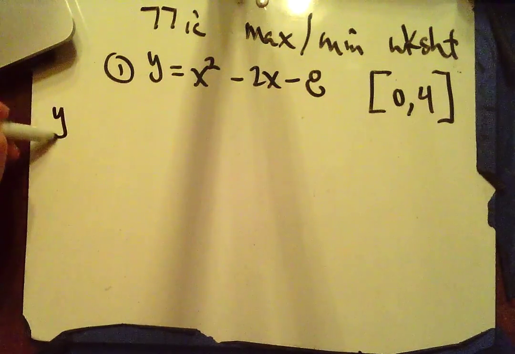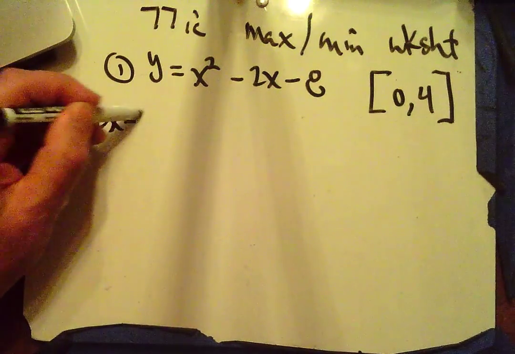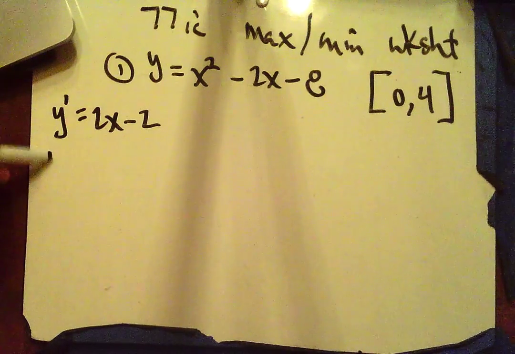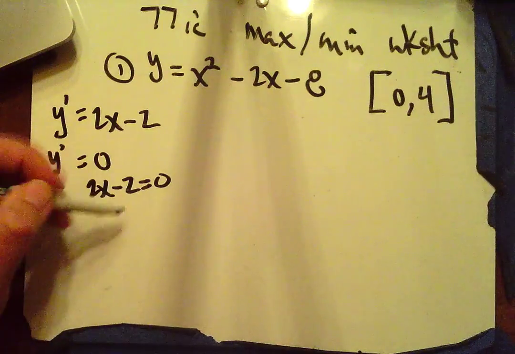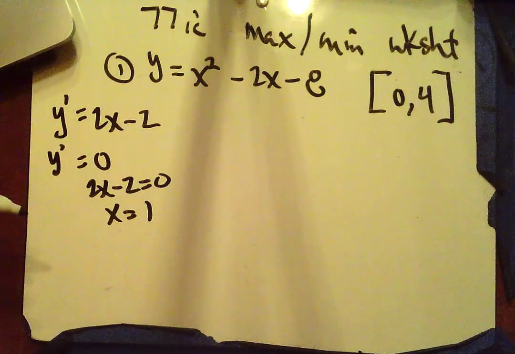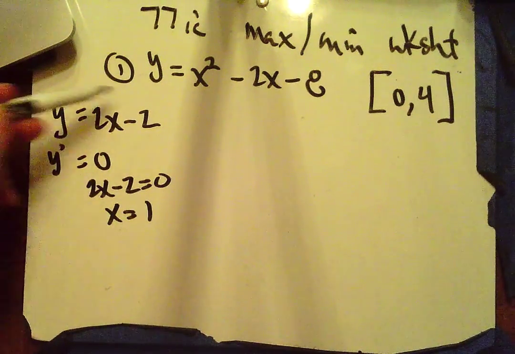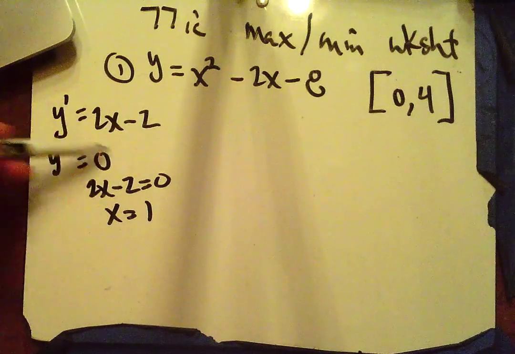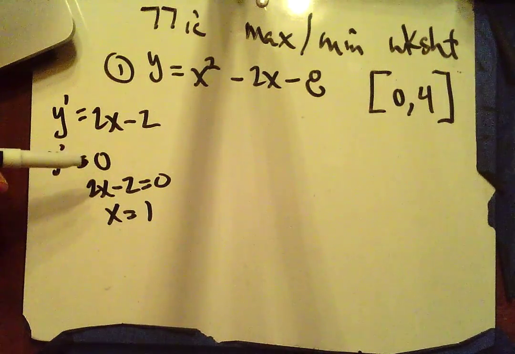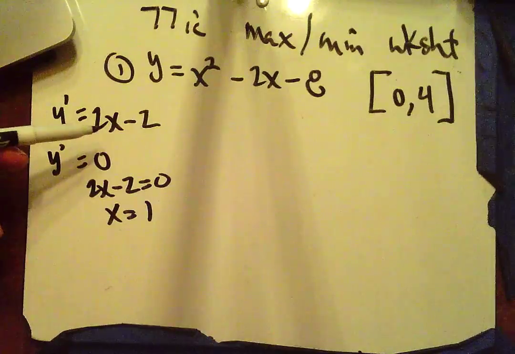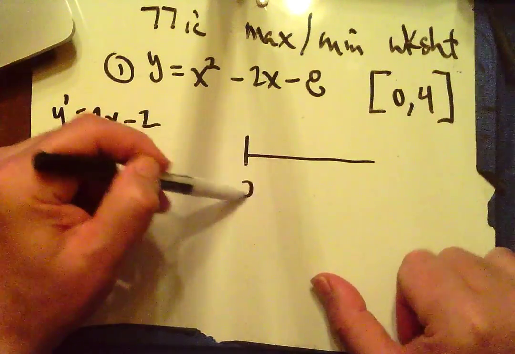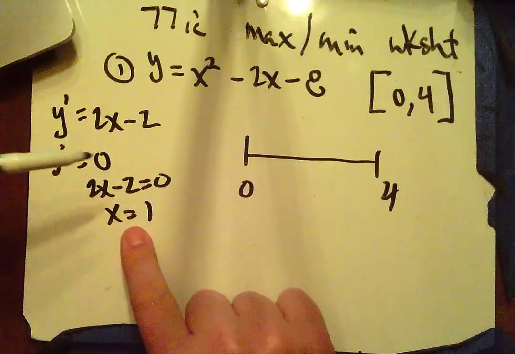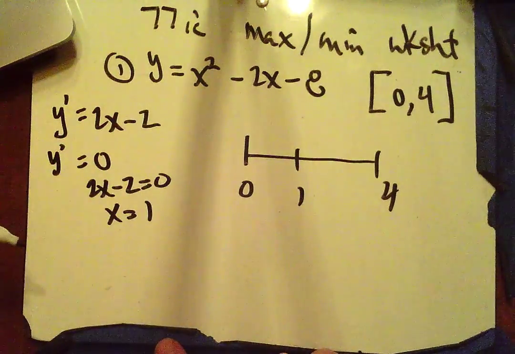We have y prime equals 2x minus 2. If we set y prime equal to 0, we get x equals 1 as a critical number. This derivative is a linear function, and a linear function is never undefined, so I don't have to worry about that. But I do have these two endpoints to consider. So I've got 0, 4, and my critical number 1.